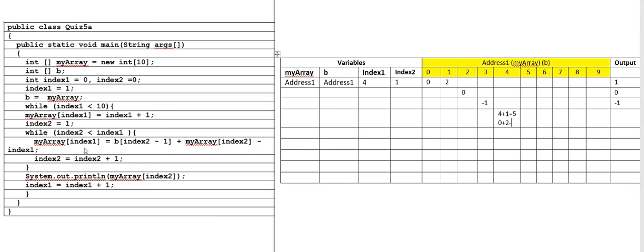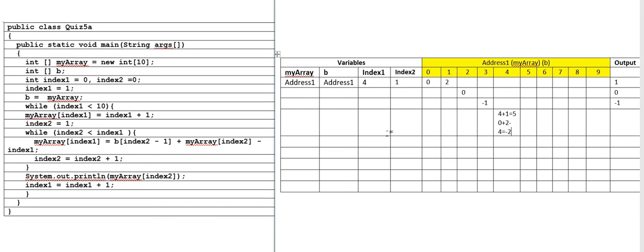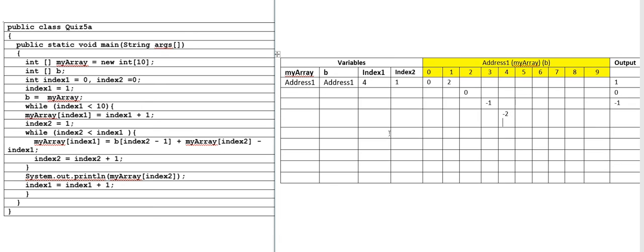And we're subtracting the value of index 1. We're subtracting 4, we get -2 in that case. So far this is the updated value, so we keep it.